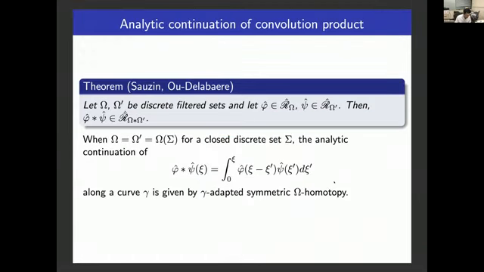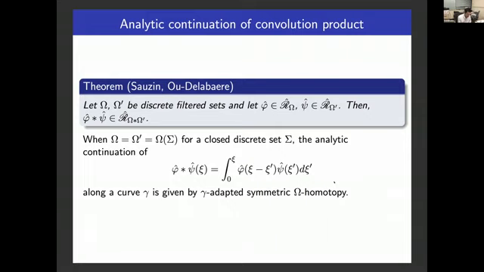Now let us discuss analytic continuation of the convolution product. It was proved by David Sauzin for the case where the singular set is a closed discrete set, and it was proved by Ono and Delabaere in the case where Ω is a discrete filtered set.